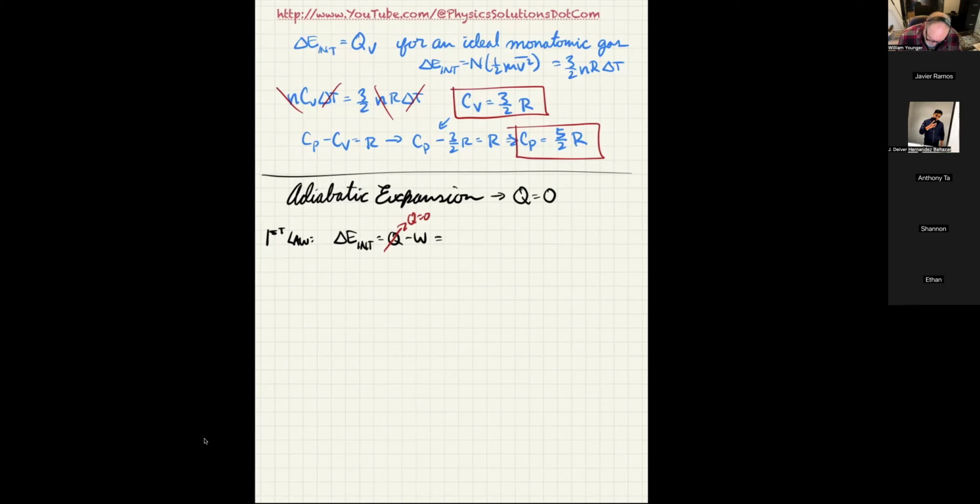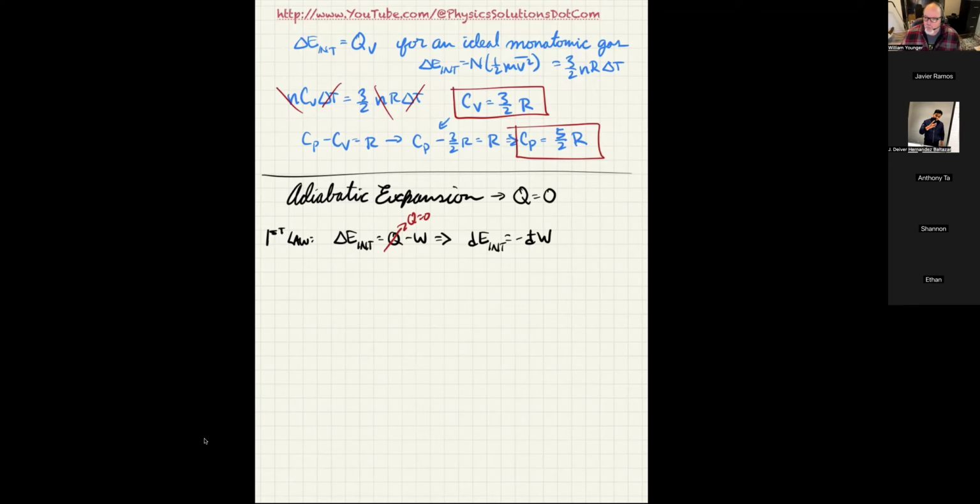We're going to say dE internal, which remember is an actual true differential because E is a state variable, and you can have an actual function represented as E, but you don't technically have a function written as Q, so you can't write a dQ. You really have to write a dW, a d bar Q or a d bar W. So in this case, it's going to become d bar W.